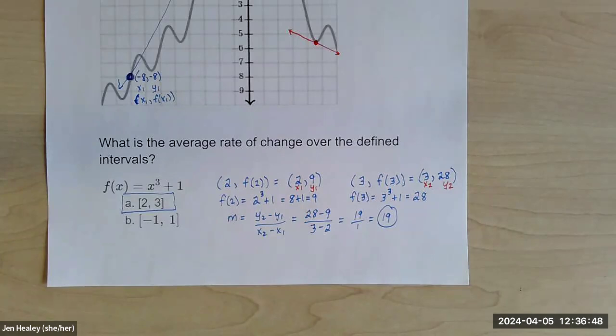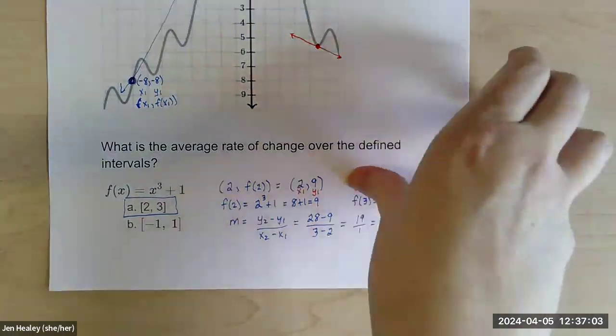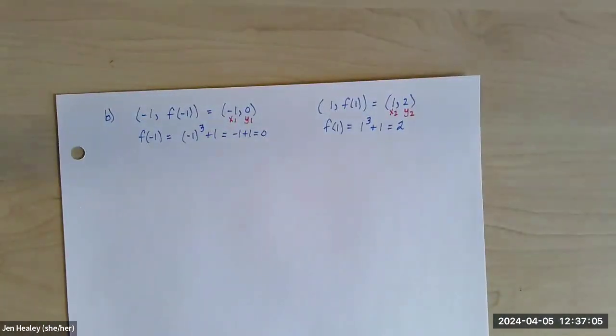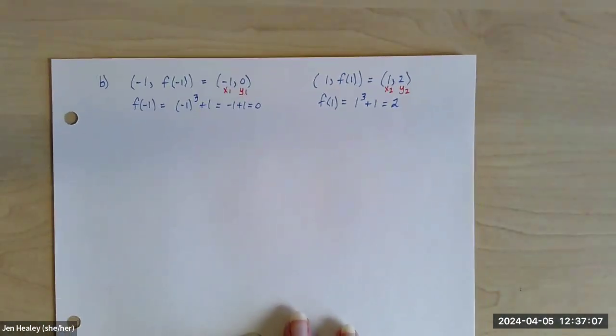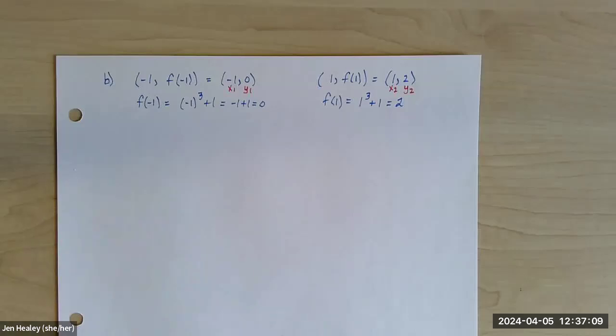Did you get the points -1, 0 and 1, 2? And once you've got those, you're just finding me the slope of the line between those 2 points.